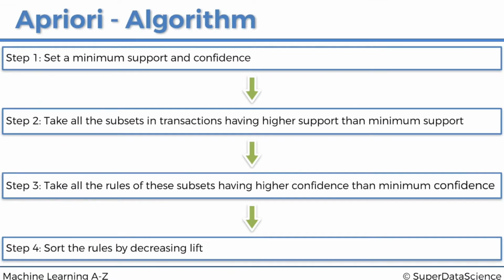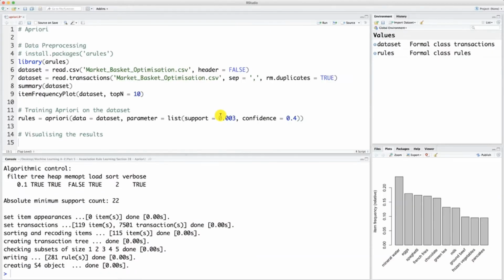And then the second step is to take all the subsets in transactions having higher support than the minimum 0.3% support. Okay. So this step 2 was actually completed when we trained the apriori on our dataset. So the function did it itself, and that's the same for step 3.